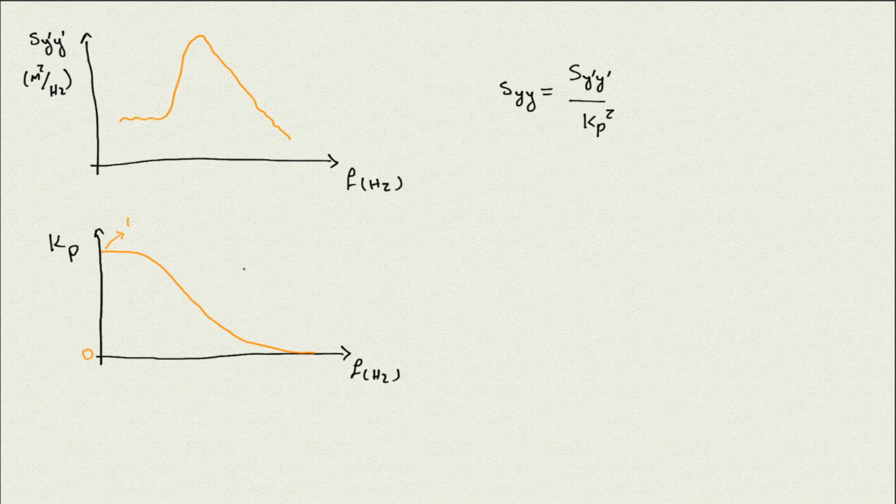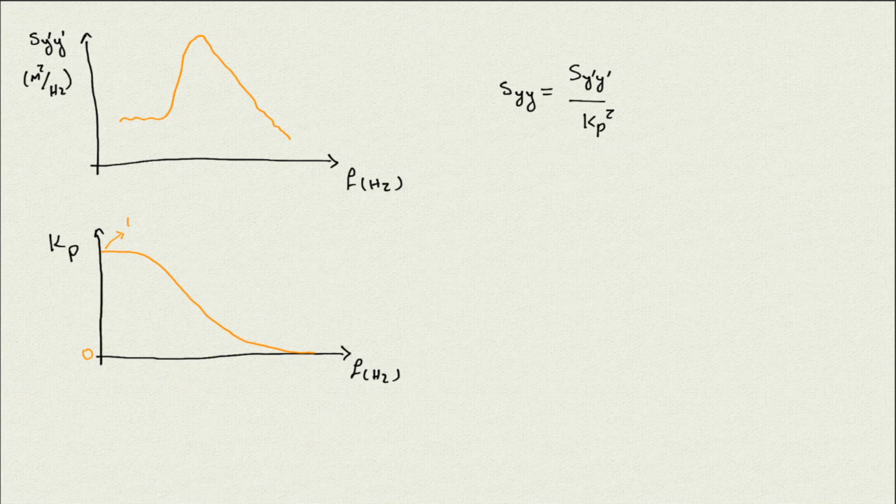Because Kp is always smaller than 1, if I divide by it, the Syy is always going to be larger than Sy prime y prime.